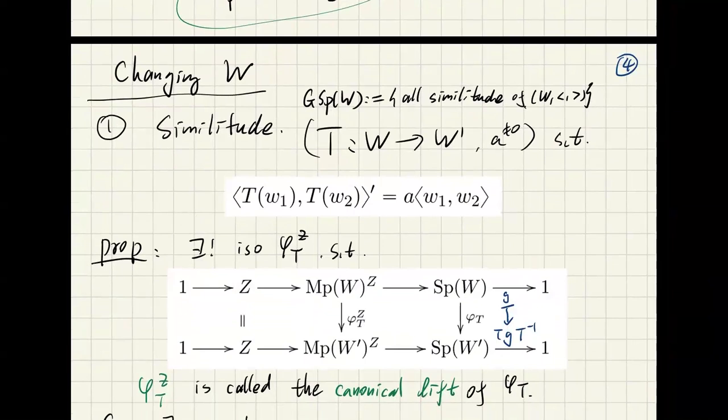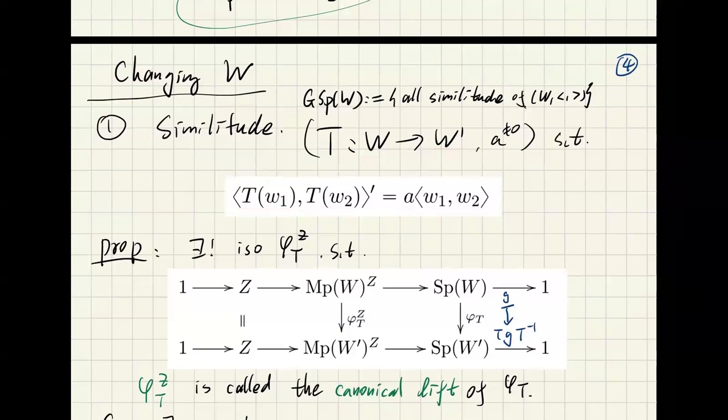You see in the definition you somehow need a symplectic space, but we would like to see what happens if we change the symplectic space. One way is to change it by similitude. What is the meaning of similitude? Two symplectic spaces W and W prime are similitude to each other if for any W1 and W2 inside W, the pairing of TW1, TW2 in W prime is equal to A times the pairing of W1, W2, where A is a non-zero constant.